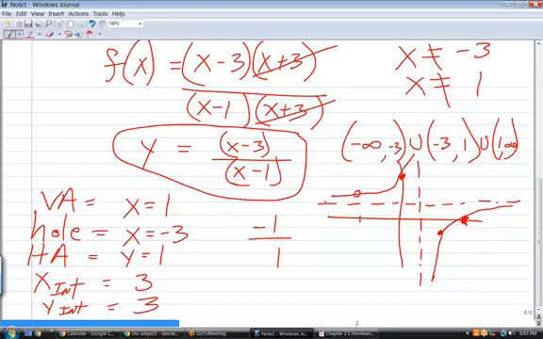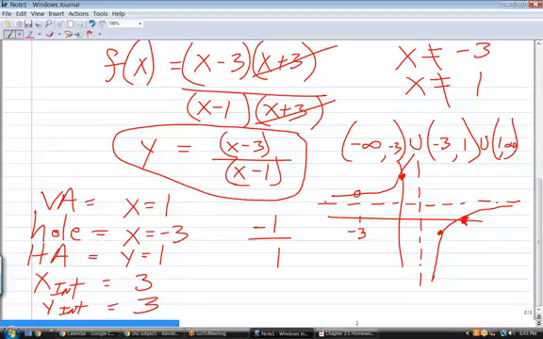Now, if I were to graph this on Wolfram Alpha, you would not see the hole. Why? Because it's infinitesimally small. It's only at -3. It's not at -3.1. It's not at -2.9. It's at one point only.